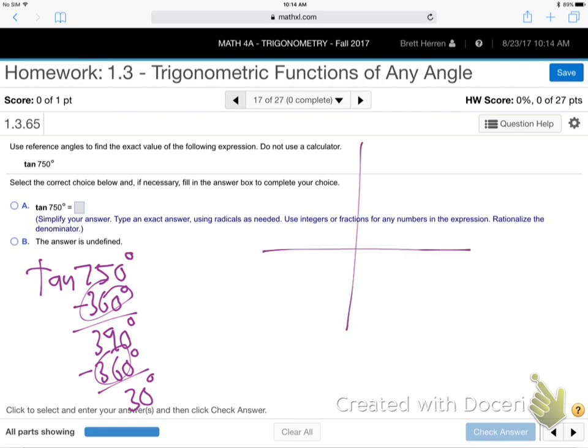So draw your triangle. Put 30 degrees. That's one of the ones we can do without a calculator. So put 30 degrees in there. Small, medium, so there's 30.